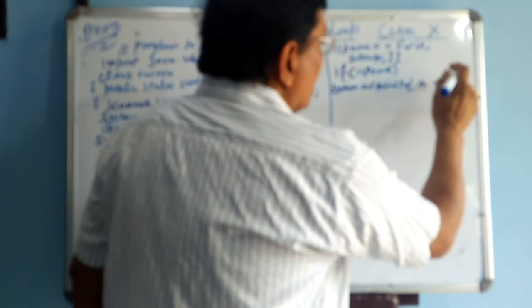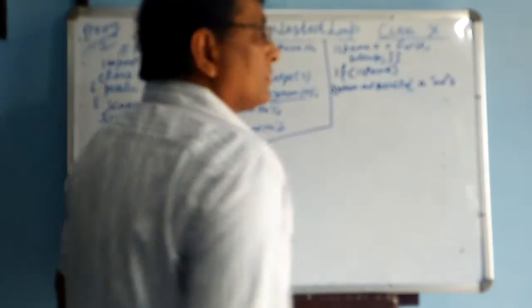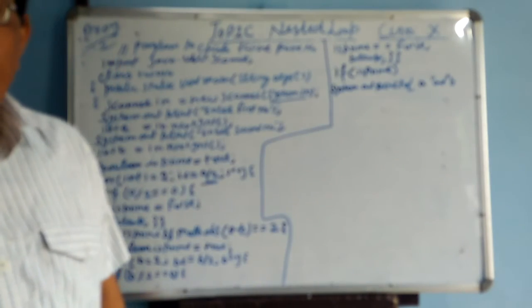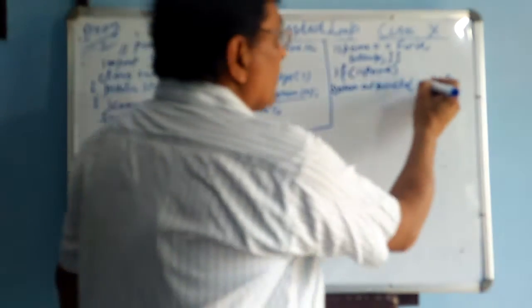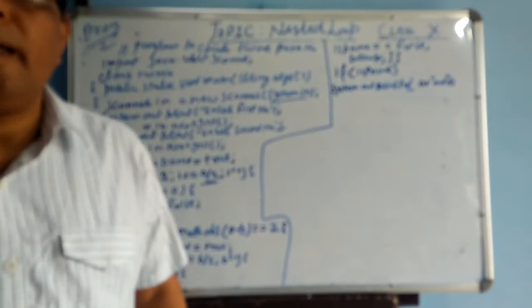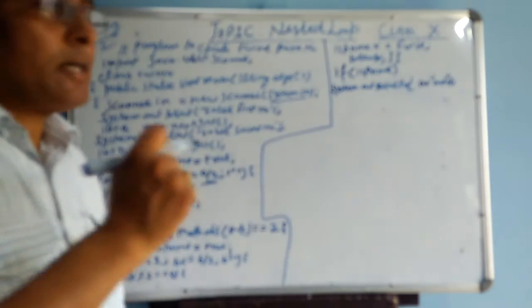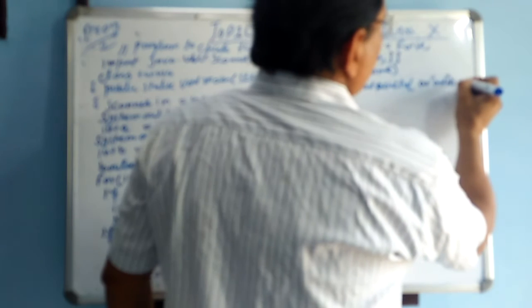Sorry, A and B, and it should be in double quotes, and A and B. What will be the A and B? Are the twin prime number.